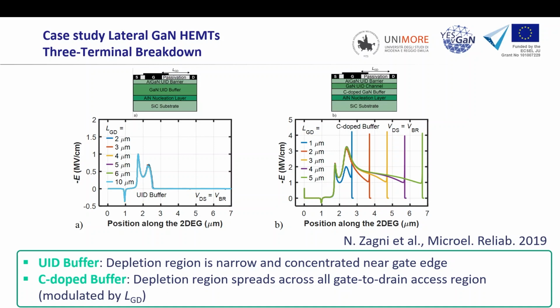Instead, if you have very high leakage, you basically don't have any depletion region here. So your field will just drop below the gate, and because of the gate leakage current, your breakdown voltage will not change with the LGD. So it will just stay there.